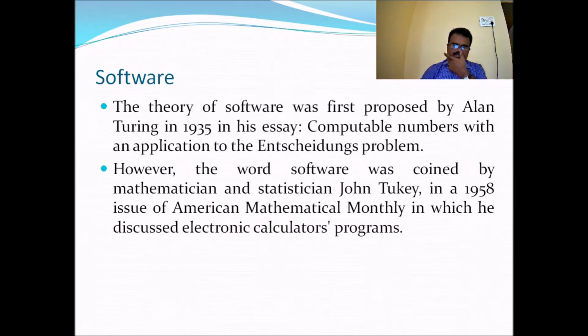The theory of software was first proposed by Alan Turing in the year 1935 in his essay Computable Numbers with an Application to the Entscheidungsproblem. However, the word software was coined by mathematician and statistician John Tukey in the year 1958 in an issue of American Mathematical Monthly, in which he discussed electronic calculator programs.